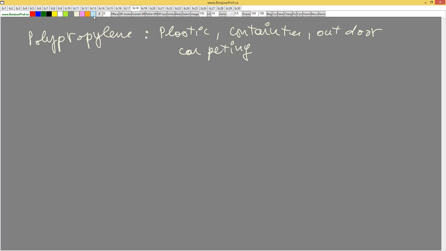You see, when we understood how polymers are made, it is done with this monomer. It is this monomer that repeats itself. It is like that, CH, CH3, this one that is repeating itself. We put an N here, and this is polypropylene, that we find in plastic containers, outdoors, carpets.